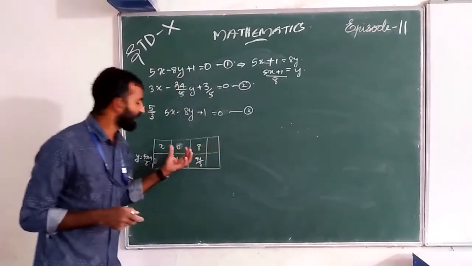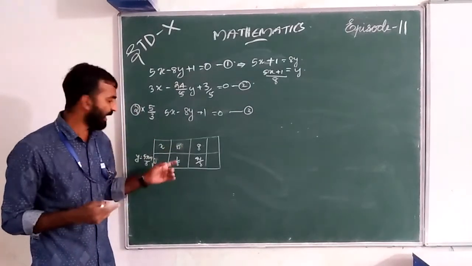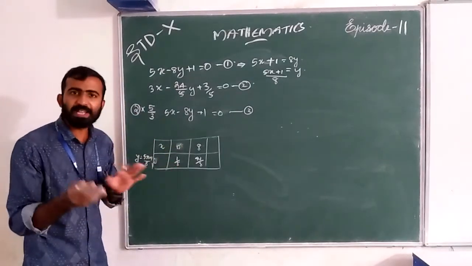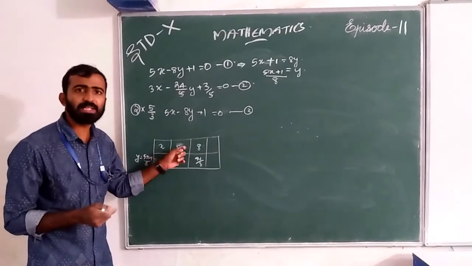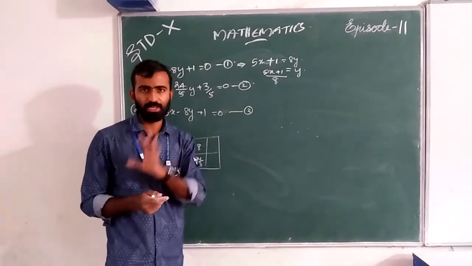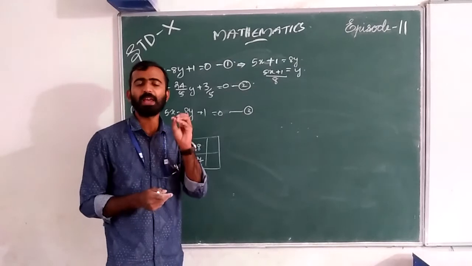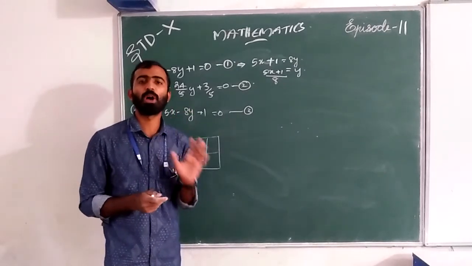So here I take 0. As you like, you take 1, then the value of y changes. When we take x as 1, you get a corresponding value of y. As you like, you take any value for x, then you get a y value.